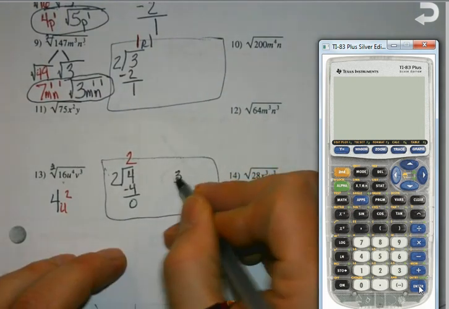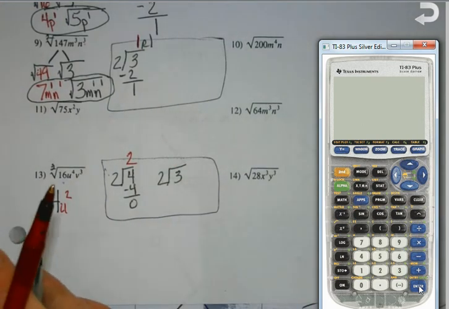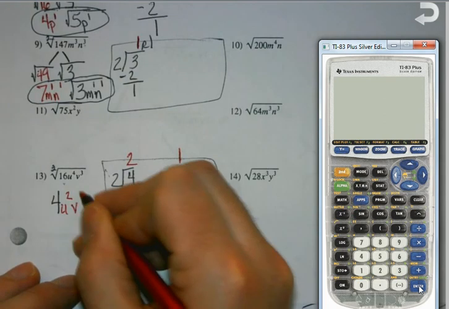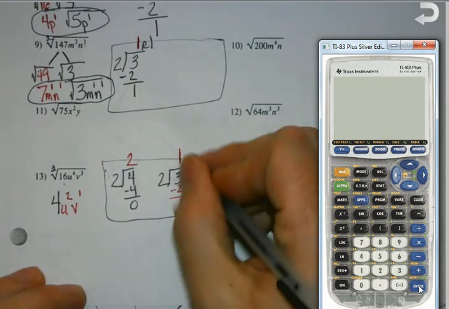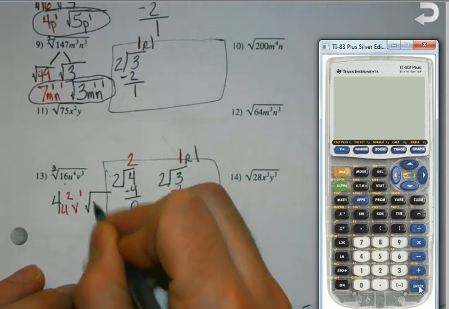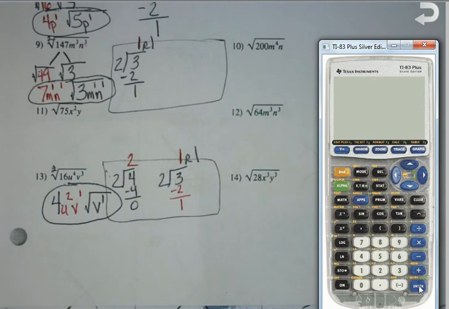And then the v is just like the ones we just got done with. It goes in once, but I've got a remainder of 1, and that remainder has to stay in radical jail, underneath the square root.